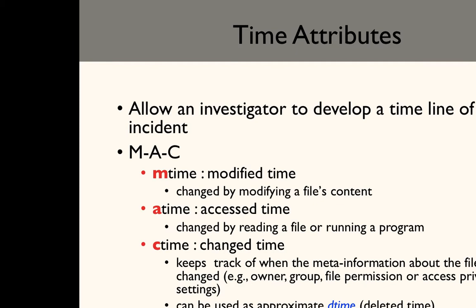Obviously, this depends on the operating system you are using. Windows uses different time attributes from Linux, and other Unix systems could use different time attributes. That's why there is also a field in computer forensics that tries to rebuild the timeline, and tries to create some narrative based on that timeline information.